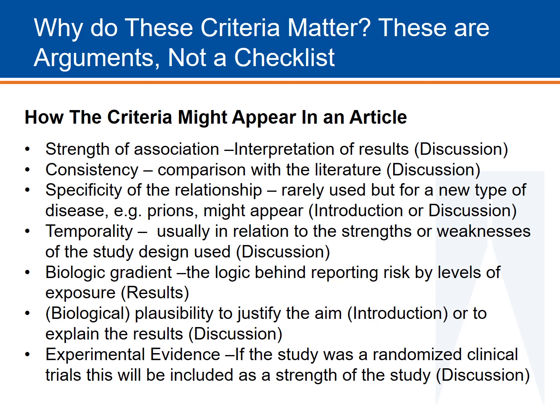Now, biological plausibility will almost always be included to justify the aim or to explain the results when there is a biological mechanism involved. If there's not a biological mechanism, plausibility would be supported based on social and cultural mechanisms.